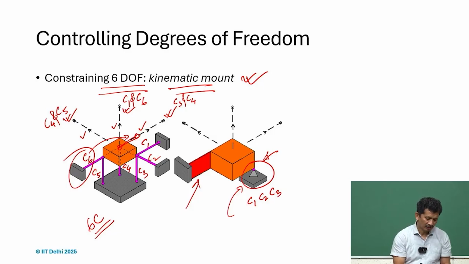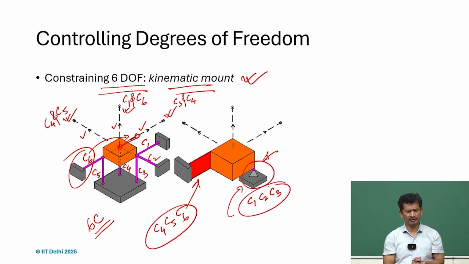And this is equivalent to C1, C2 and C3 all together combined, we will get that spherical joint. C4, C5 and C6 is nothing but a planar constraint. So, sheet flexures can be used in that case, and then we can get the equivalent design. That way we can just play and get many designs.